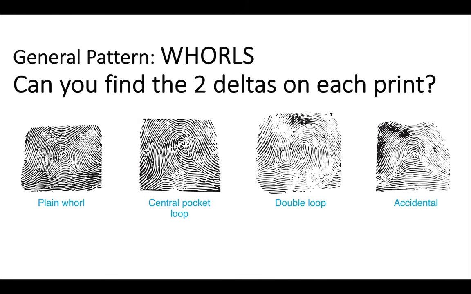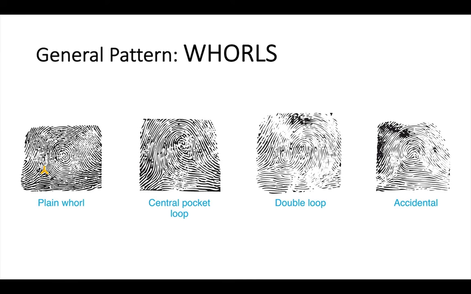So can you find the deltas here on these 4 different kinds of whorls? We got one here. We got one here. Let's take a look at the central pocket loop whorl. Can you find it? There it is. And with the central pocket loop, the second one's usually a little bit hard to find. There it is.